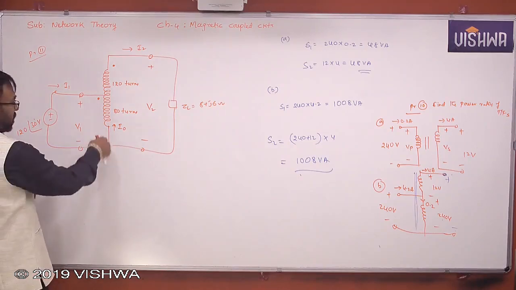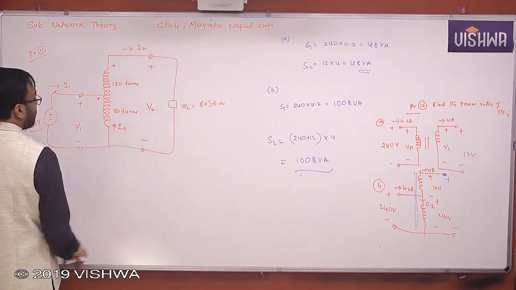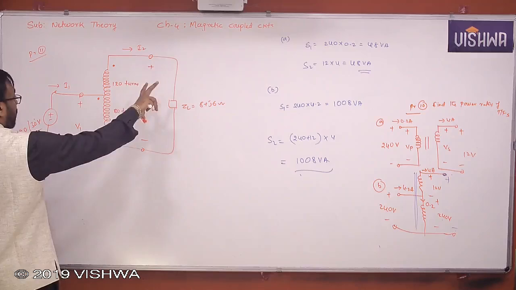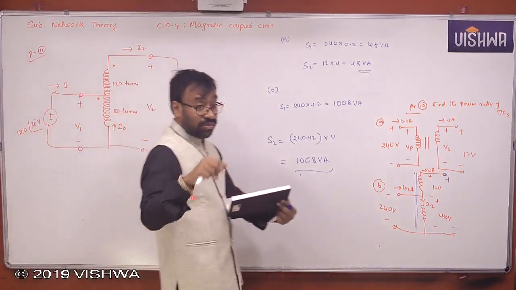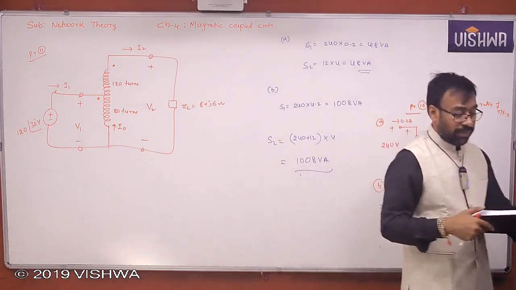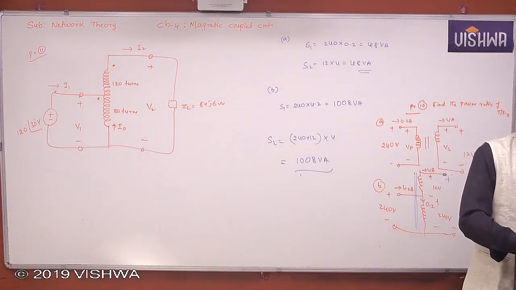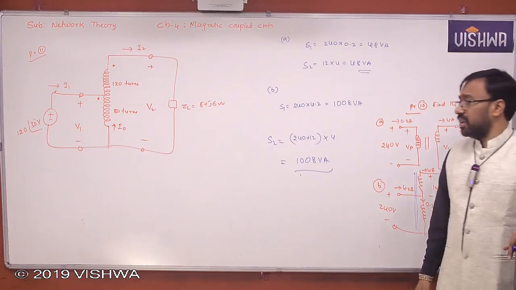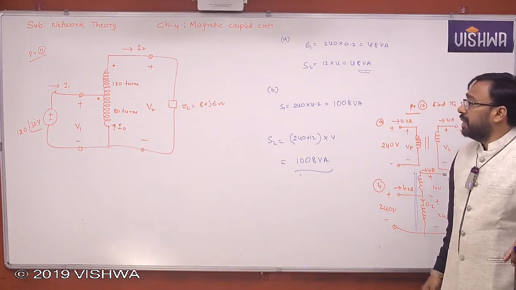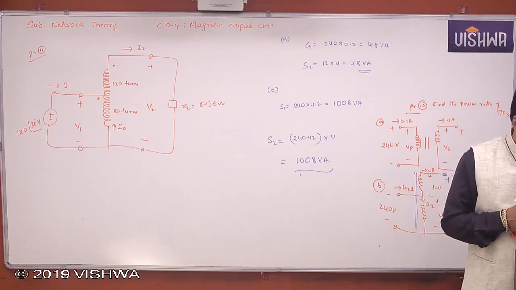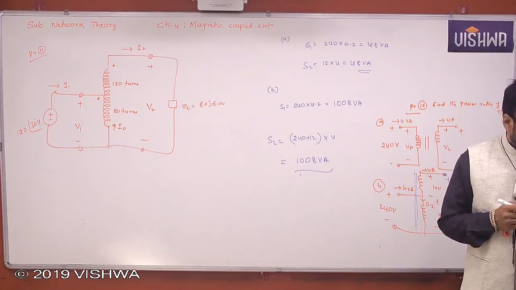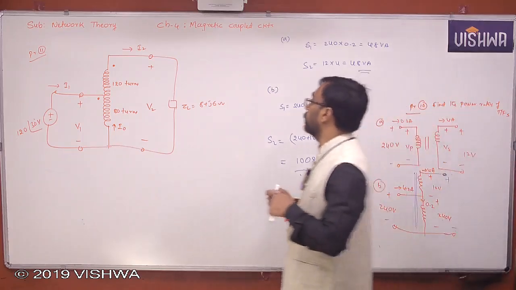I0 may be in the downward direction or upward direction, but usually on the secondary side, when it is a step-up transformer, the current will be upward only. I think in this case I have shown it downward, please correct it. You can put it upward. It doesn't matter if it is upward or downward, it's only a minus sign difference. But the question is: find I1, I2, I0, and also find the complex power supplied to the load.